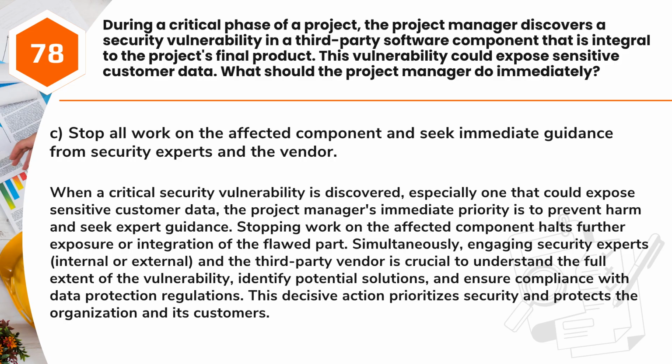Simultaneously, engaging security experts, internal or external, and the third-party vendor is crucial to understand the full extent of the vulnerability, identify potential solutions, and ensure compliance with data protection regulations. This decisive action prioritizes security and protects the organization and its customers.